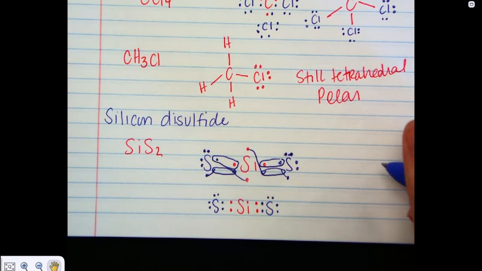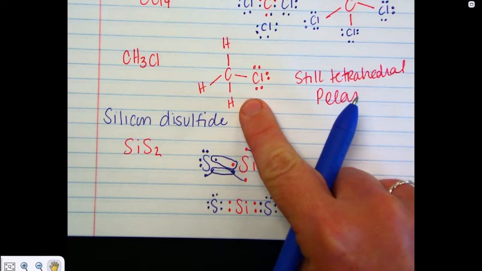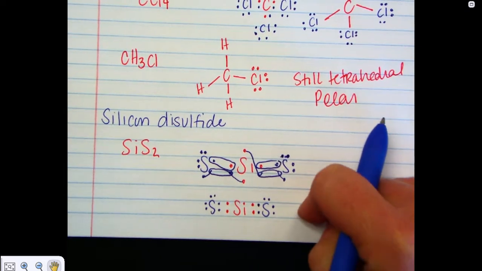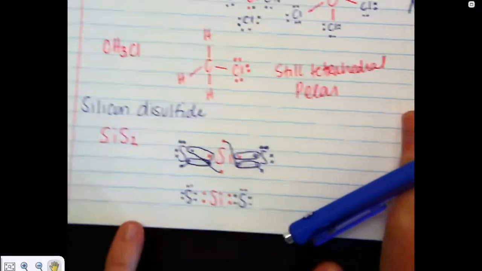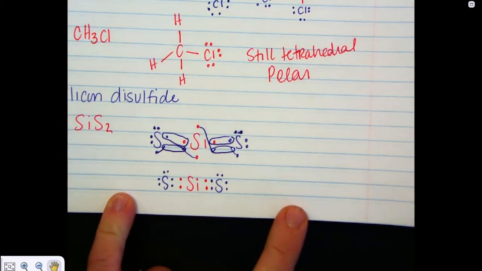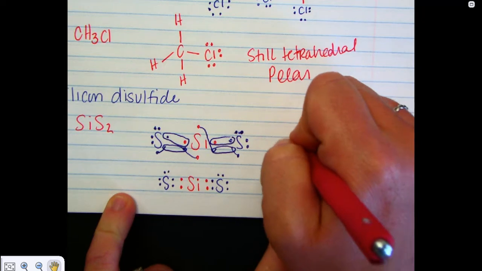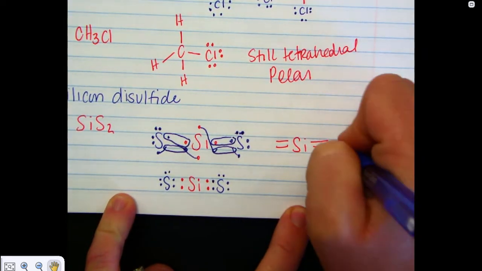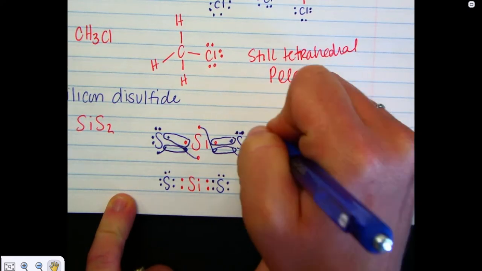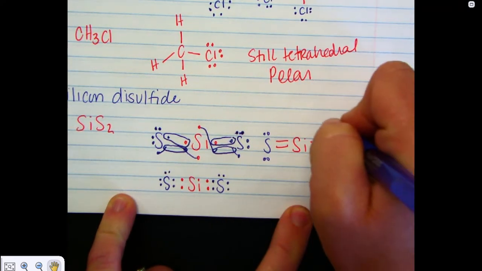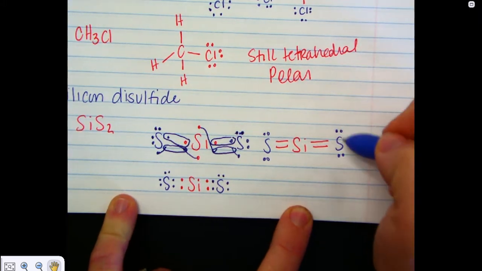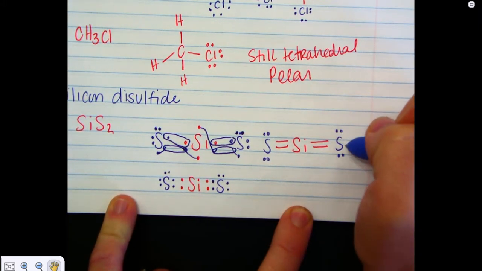And obviously, what I just drew was not a tetrahedral shape. Like this in no way looks the same. We've got double bonds. Anytime we have double bonds, it's going to force us into a linear arrangement. So the silicon in the middle, double bond, sulfur, sulfur, unshared pairs on the sulfur. It doesn't matter at this level if they're top and side or top and bottom or side and bottom.